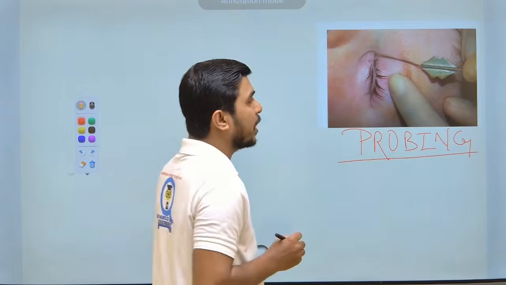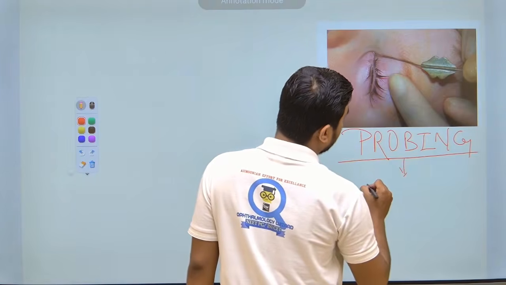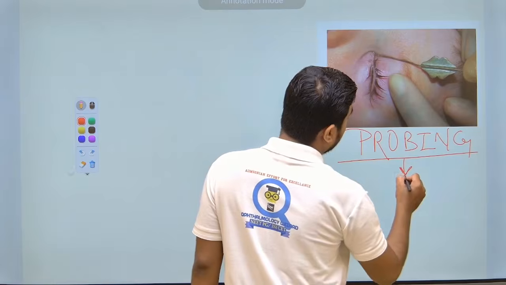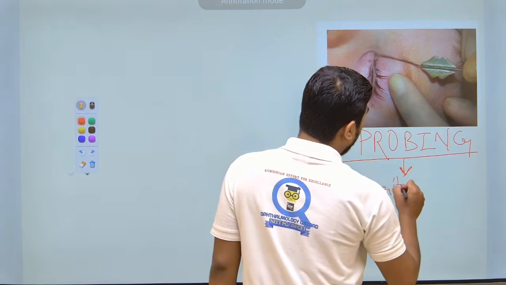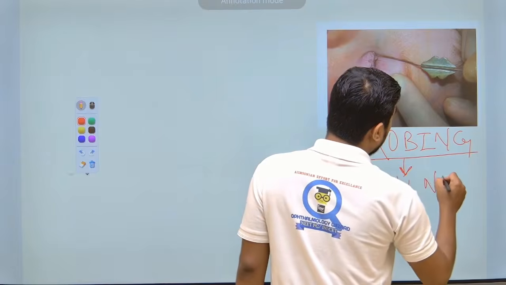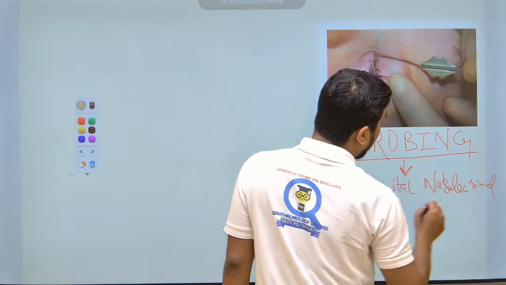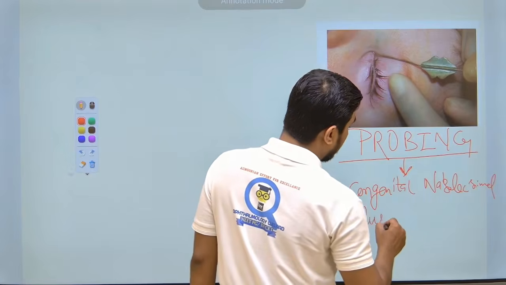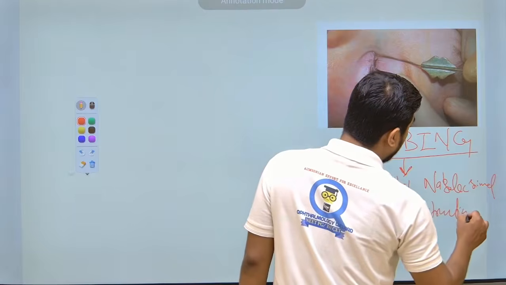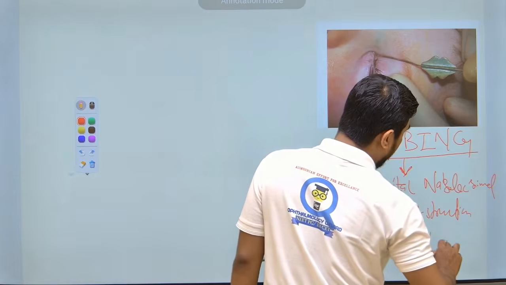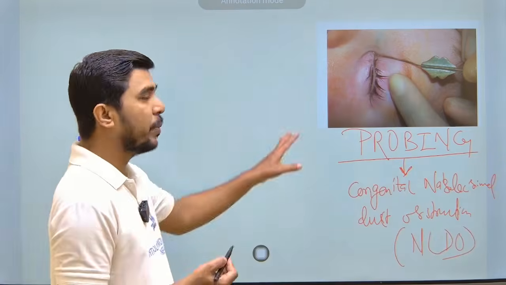When we do the probing, the indication of probing is congenital nasolacrimal duct obstruction, जिसको हम लोग बोलते हैं NLDO. When there is a congenital nasolacrimal duct obstruction, then the probing is done.